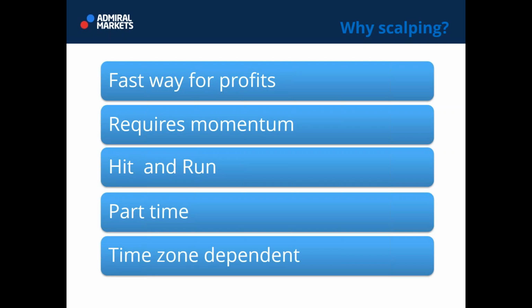It's suitable also for part-time traders, because part-time traders cannot stare or follow the charts 8 or 9 hours per day, and it's time zone dependent. Scalping is time zone dependent.